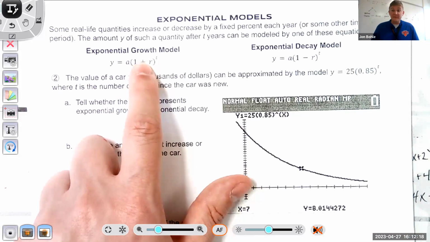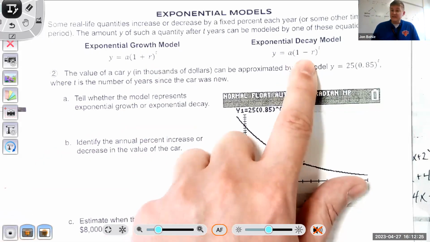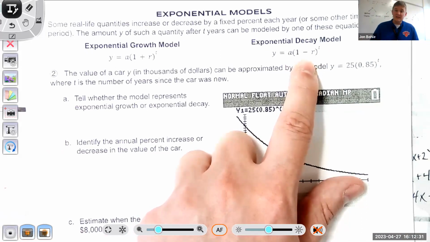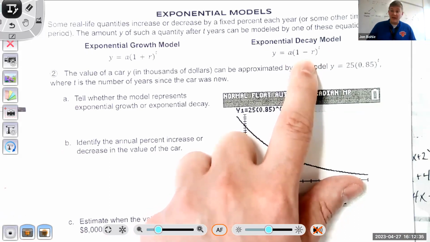So if r is 5%, 1 plus 5% is going to be greater than 1, so it's growth. Here, this is a decay function. 1 minus r is my b value. So again, if my r value is a 5% decrease, 1 minus 5% is going to be less than 1. Therefore, that b value is less than 1, and it's a decay function.